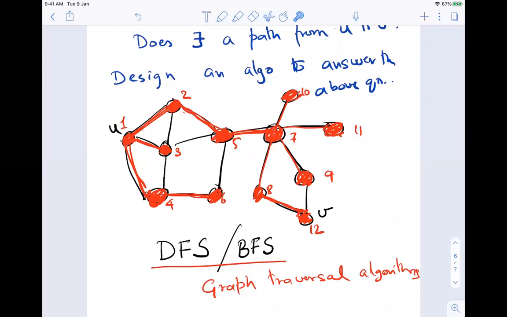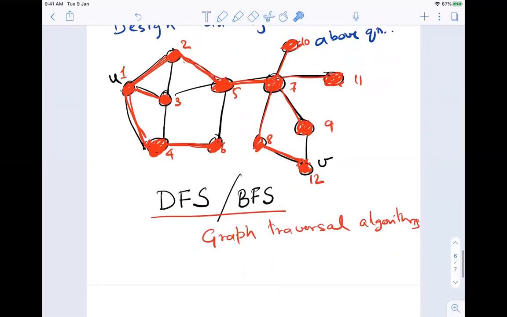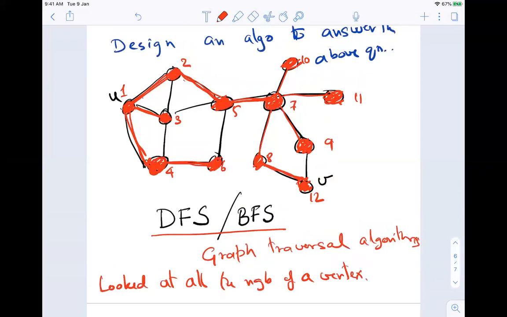Right? So if you see, what we did was we looked at all the neighbors of a vertex, and we basically wanted to keep a track, keep a tracking about what all edges have been looked at and what edges have not been looked at.